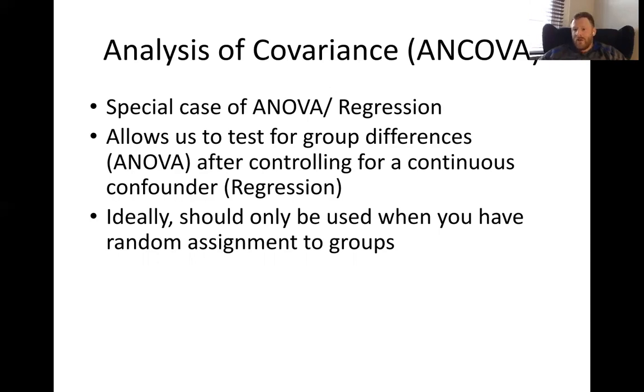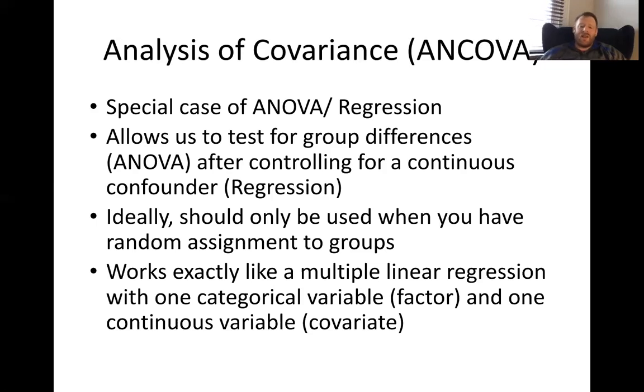Ideally, as with ANOVA analysis, it works best when you have random assignment to groups. So the sort of experimental paradigm tends to work a little bit better. You get the least biased estimates. But in a lot of ways, it really works like multiple linear regression. So we've talked a little bit about multiple linear regression last week and the week before.